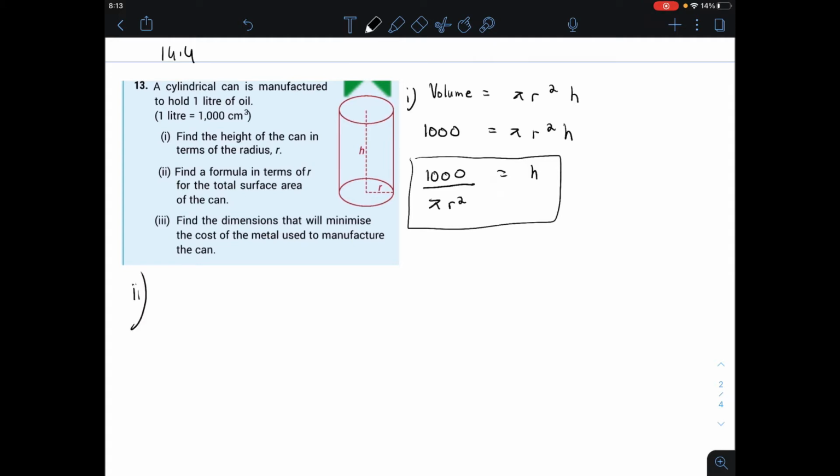Okay, so part 2 asks us to find a formula for the total surface area of the can. Okay, let's see what shapes make up the total surface area. So the total surface area is equal to 2 circles, so 2 times the area of a circle, plus the area of a cylinder.